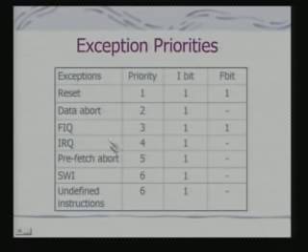Similarly, when a data abort occurs, in this case the I bit is set to 1, but the F bit is not set. So, the normal interrupt request is disabled, but the fast interrupt request is not disabled.